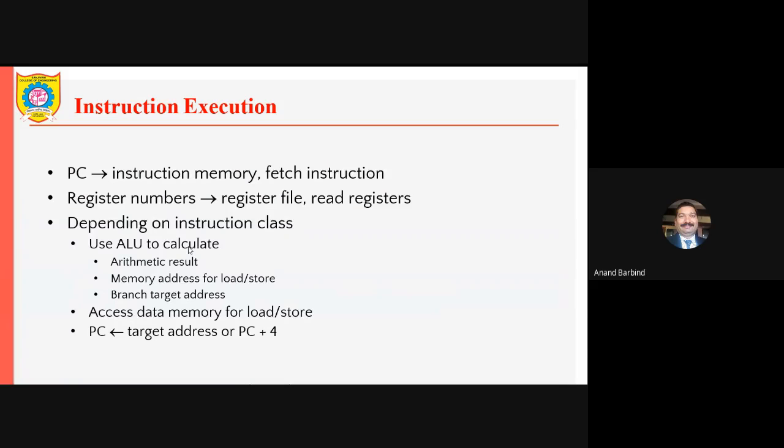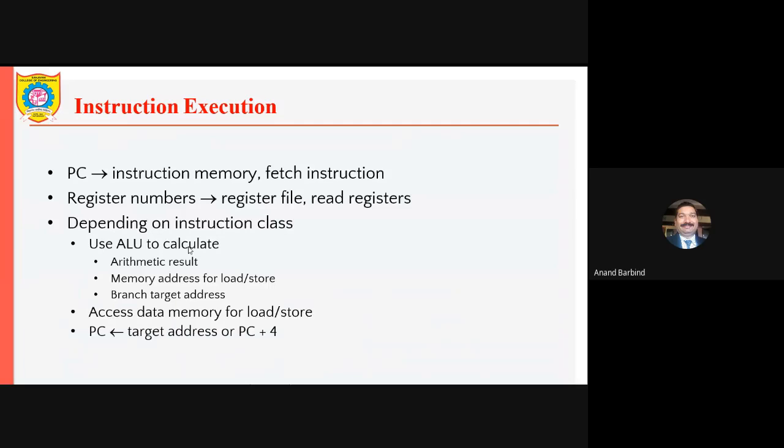Program counter, as its name specifies. The program is supposed to be stored in the instruction memory, and which particular part of the program is being executed, and in that, particularly which instruction is to be executed next.